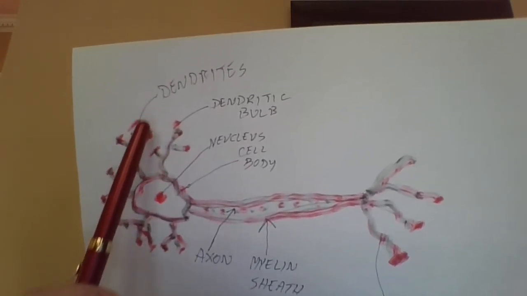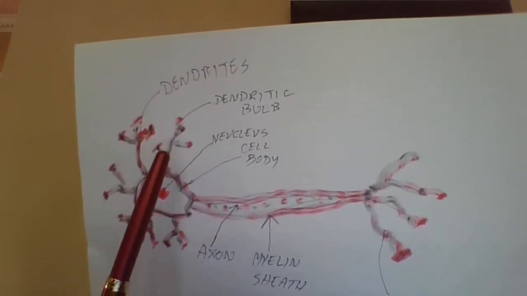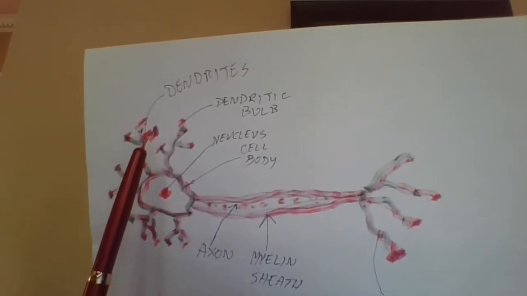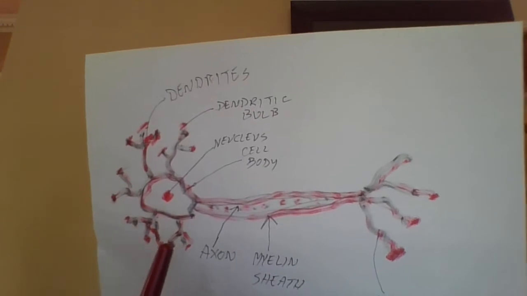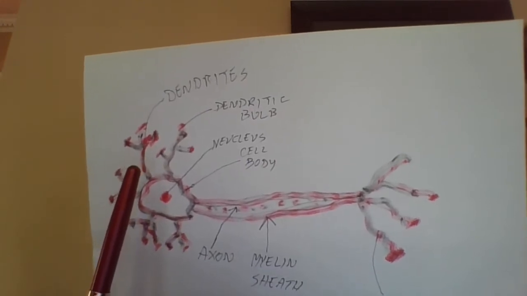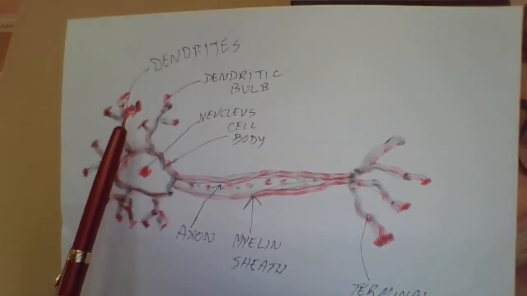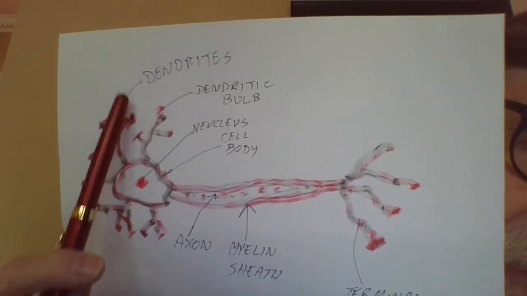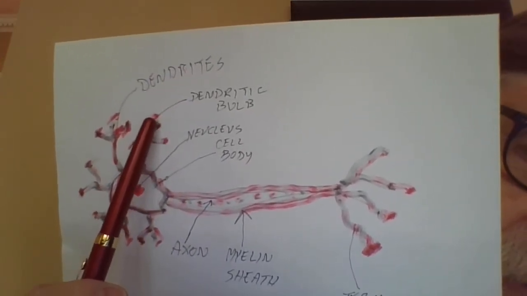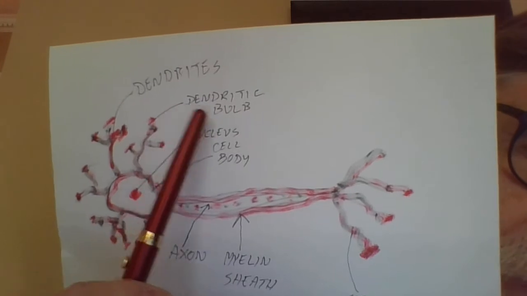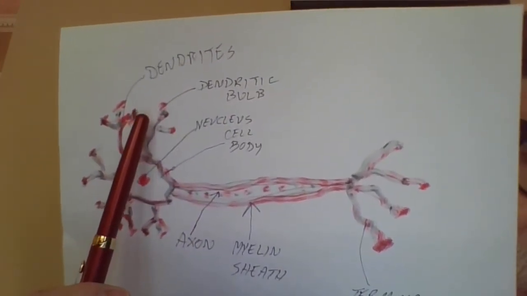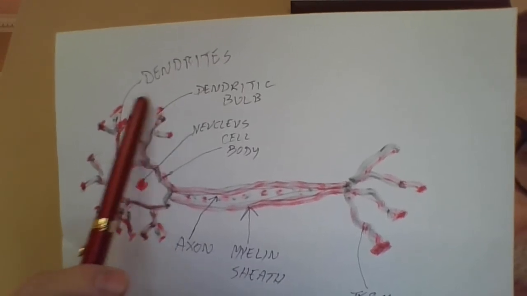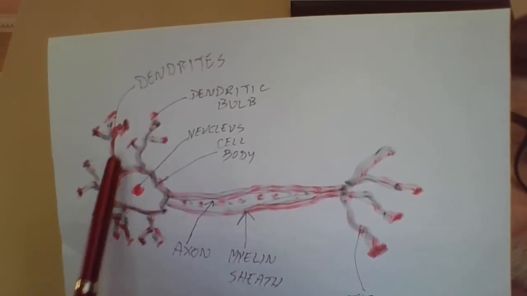At the end of every dendrite, and dendrite is a Latin word that means tree-like, and if you look at these, they do look like a little tree without limbs, without leaves. So it's just the bare limbs. At the end of each one of these dendrites is a little knob or a little bulb called a dendritic bulb. The dendritic bulb on one end contains receptor sites where it receives information from adjacent cells.